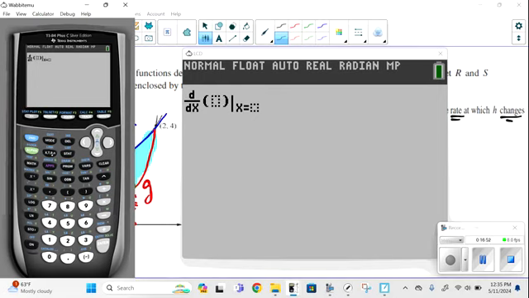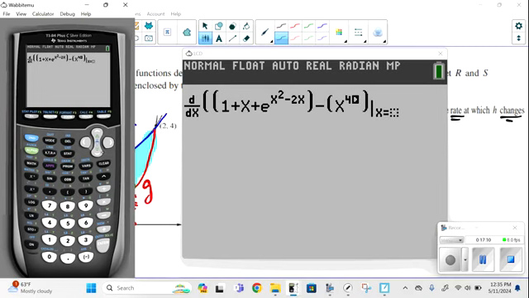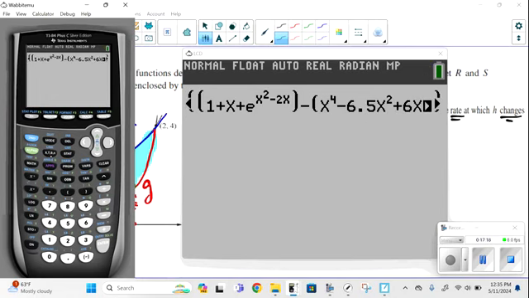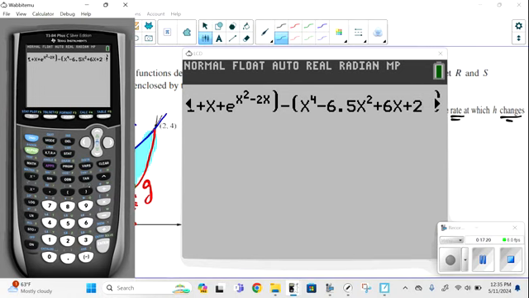So it is going to be in parentheses 1 plus x plus e raised to the x squared minus 2x, minus g of x, which is x to the fourth minus 6.5x squared plus 6x plus 2, close that parenthesis.